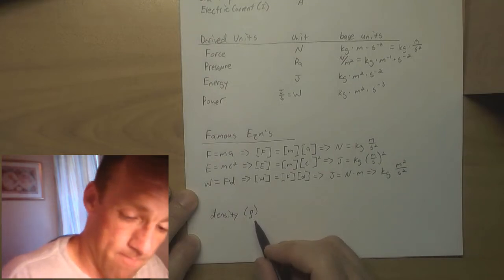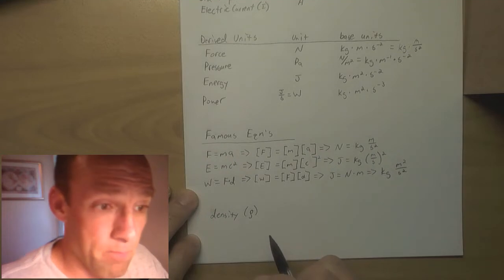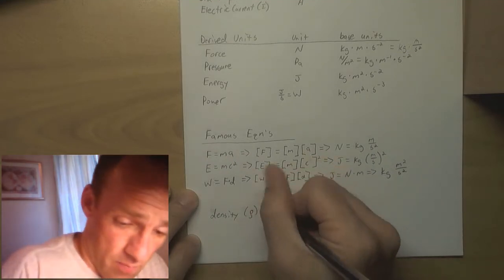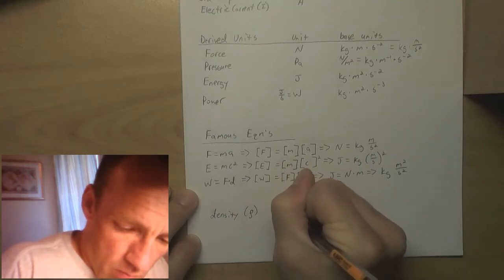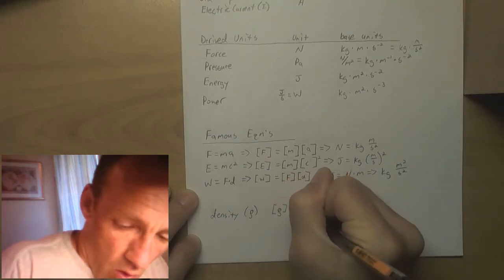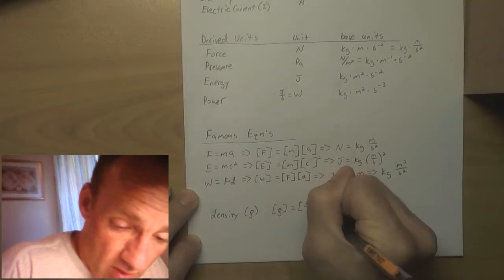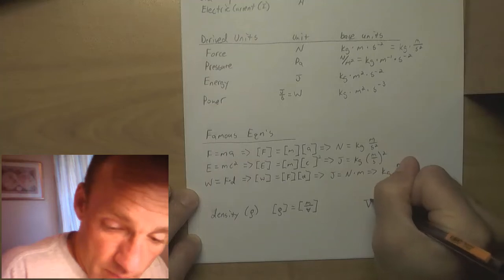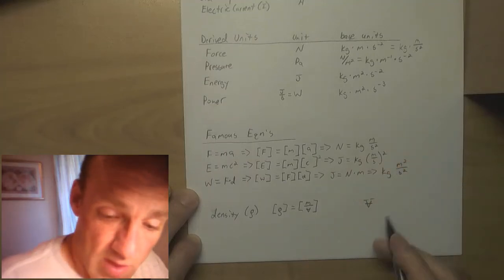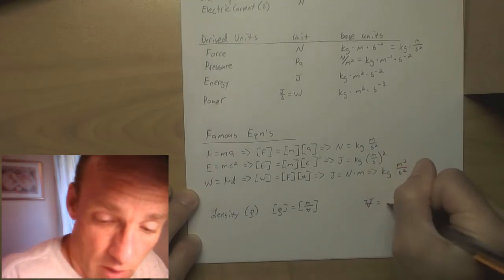So the density is given by the Greek letter rho, and the units of density are the units of mass divided by volume, where this capital V with a line going through it is my symbol for volume.